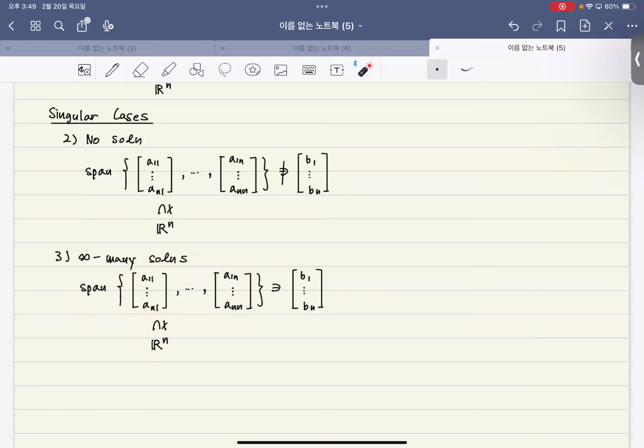And if your column vector on the right happens to be precisely in this plane, then you can find the solution. And in that case, the solution is not one, but infinitely many.